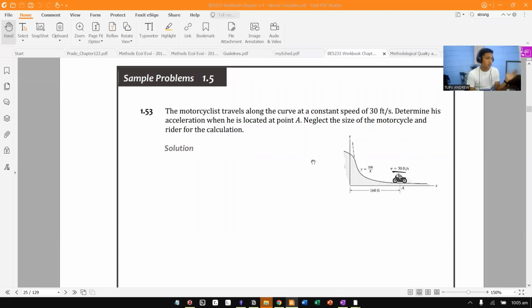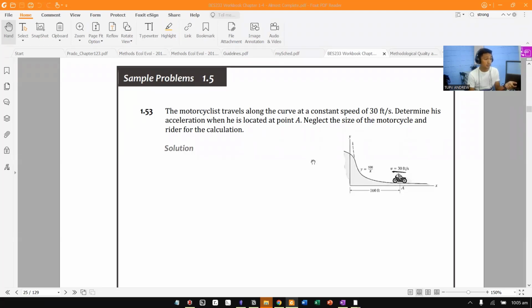Determine his acceleration when he is located at point A. Neglect the size of the motorcycle, meaning let's assume that it is a point particle for the calculation. So the given is constant speed, 30 feet per second, and tangential acceleration is zero.